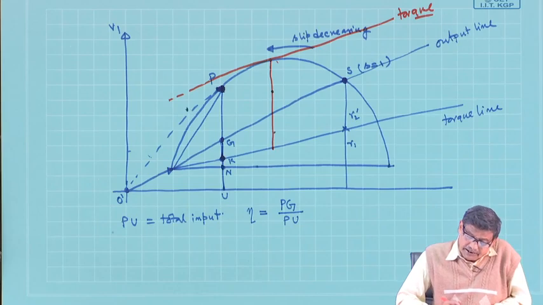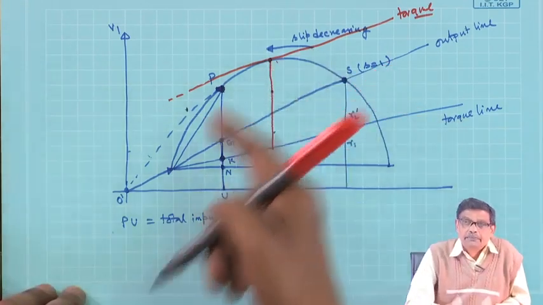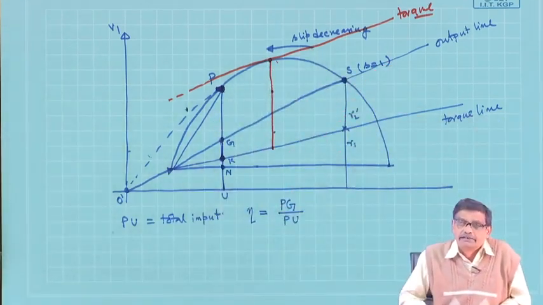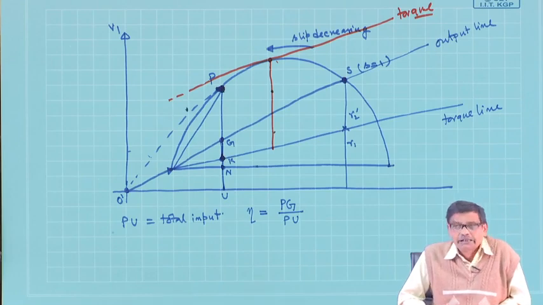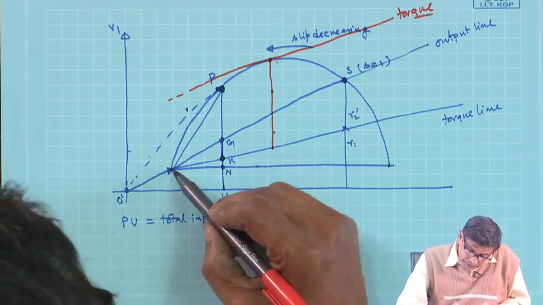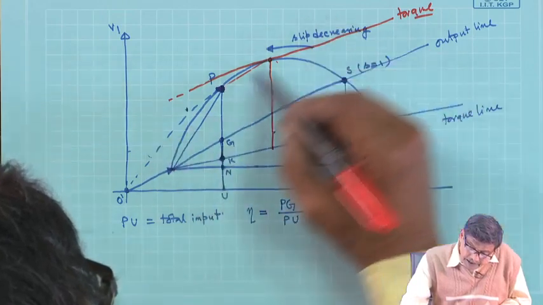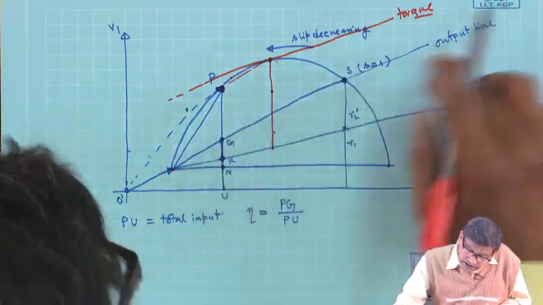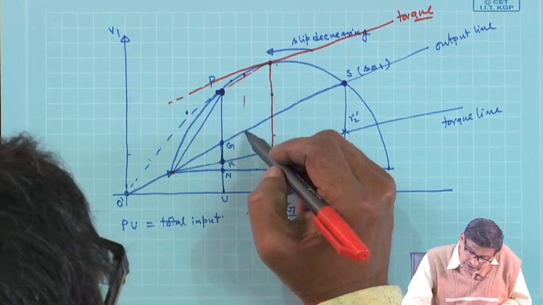Similarly, if somebody says I want to get output power maximum, then from this I will calculate back this slip and tell, okay, the machine is operating at this slip. Similarly, if somebody says what will be the operating point corresponding to maximum output power, then what you have to do is this: you have to draw a tangent to the circle, find out the tangent to the circle which will be parallel to the output line, because output power is after all this length, this segment.